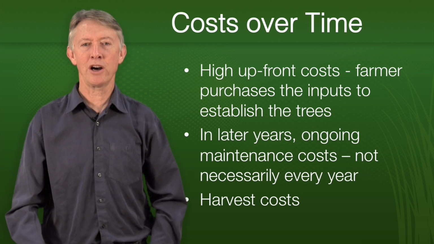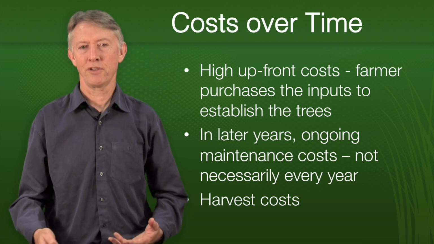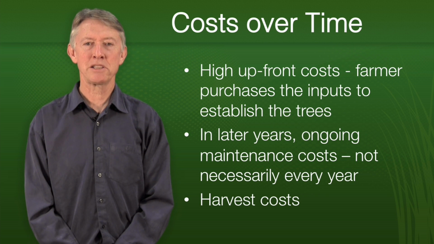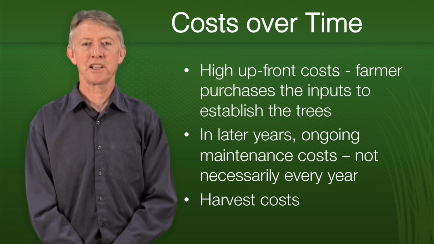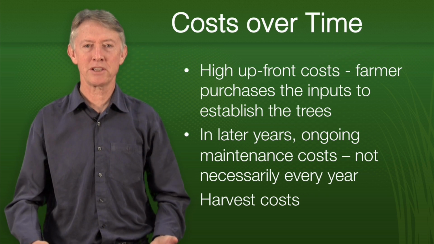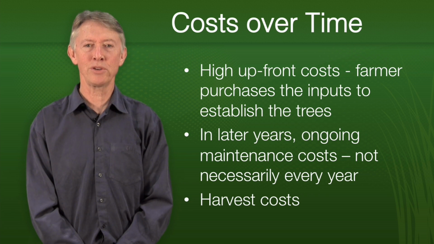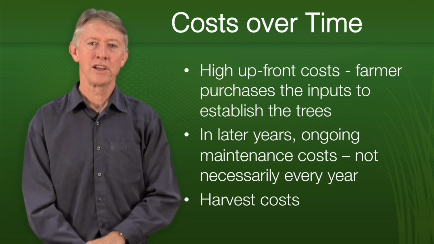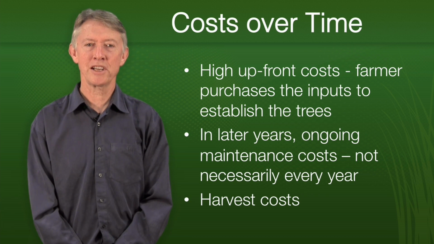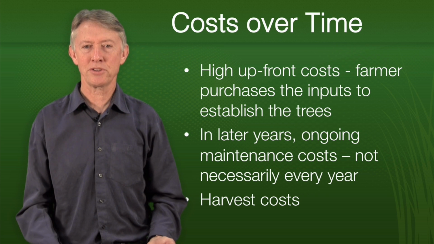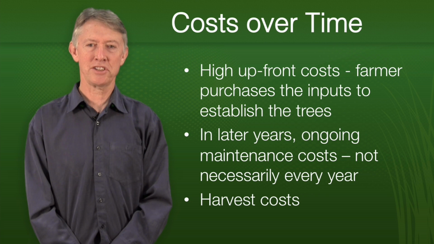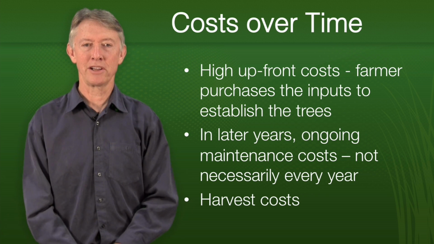Some projects require ongoing maintenance. For example, if we're planning to sell the trees later on, we may need to invest in pruning to keep the trees in good shape and to maximise the sale price of the wood. That would occur every few years through the life of the project. And then again, if they're commercial trees, there may be costs involved in harvesting them at the end of the period.